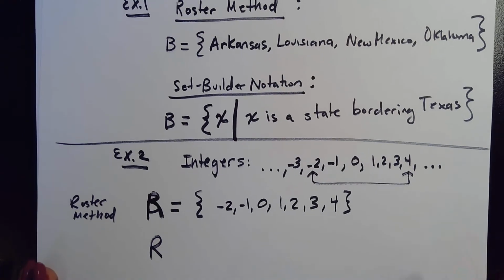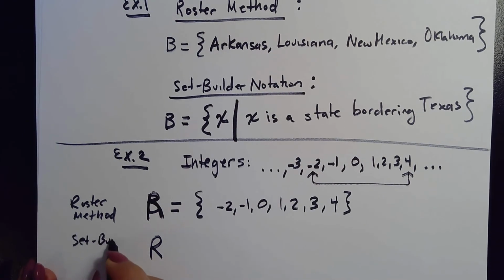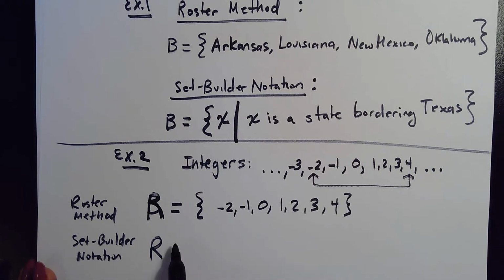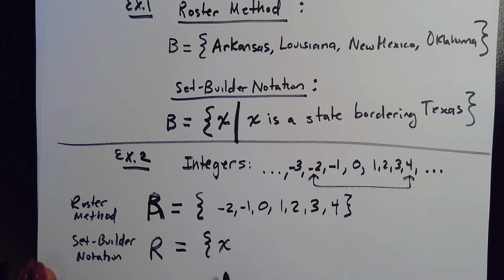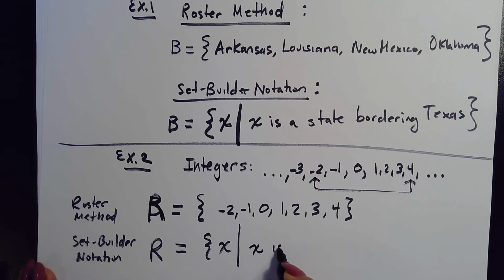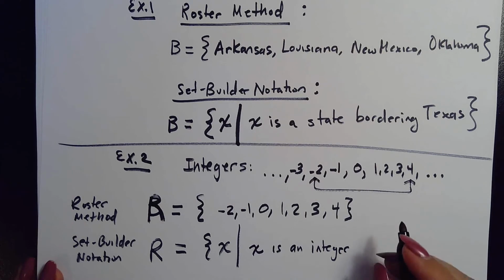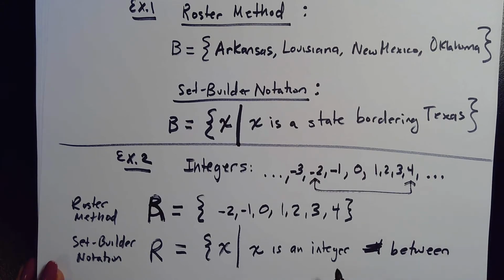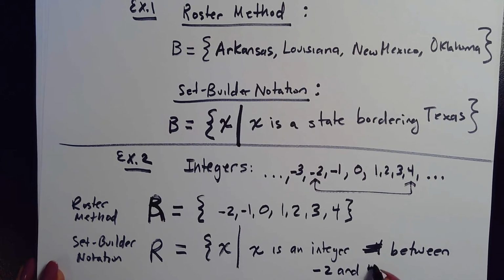Now the set builder notation. Again, you can say, well, R is a set of all the x's such that, and then you provide the characteristic here. x is an integer, and you can say x is an integer between -2 and 4 inclusive.